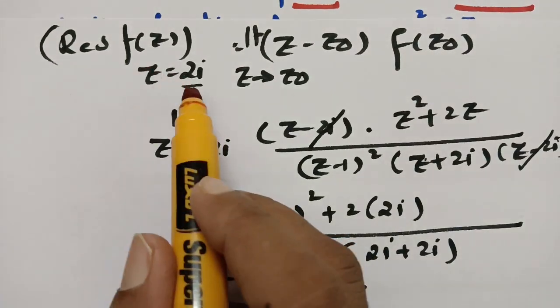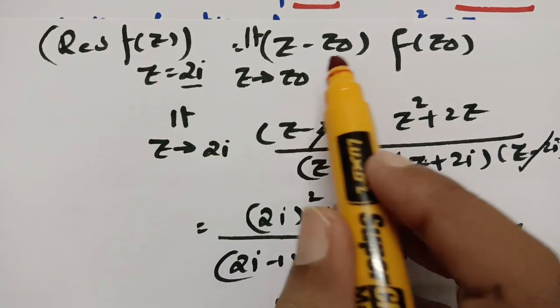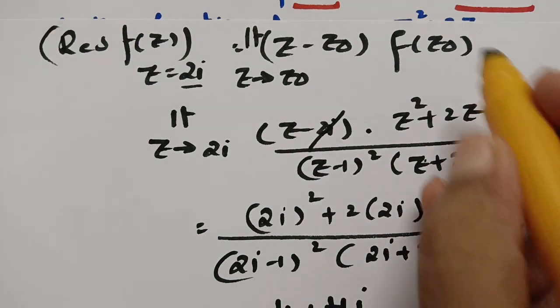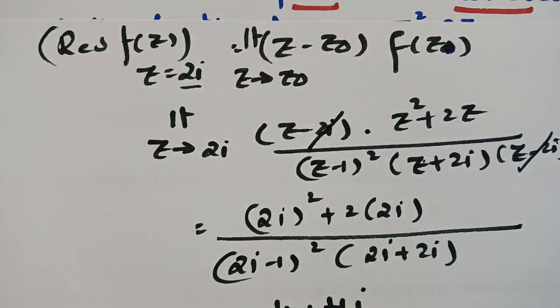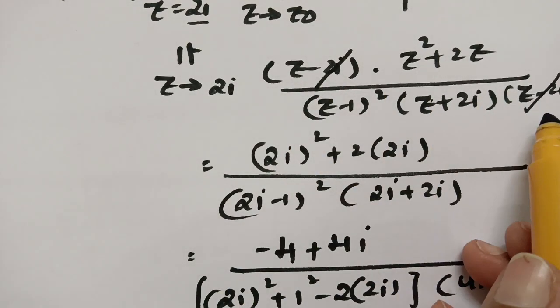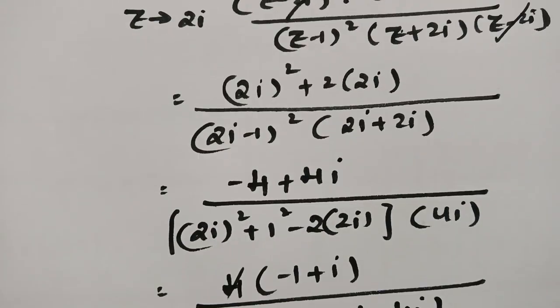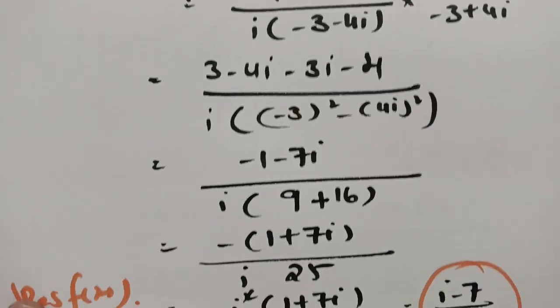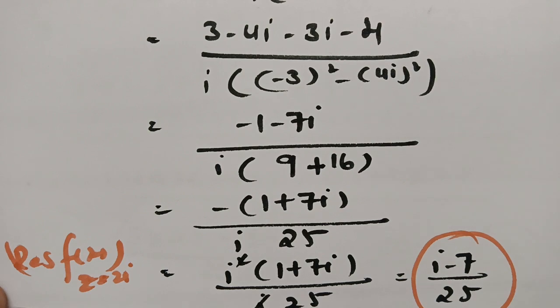And the next pole value here is 2i. For the residue value for z is equal to 2i, this is the formula, that is limit z tends to z naught into only f of z. After cancelling z minus 2i in the numerator as well as denominator and substituting z is equal to 2i, and after calculating we got i minus 7 by 25.